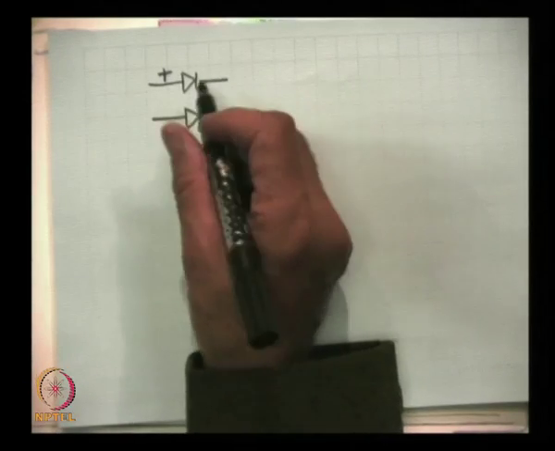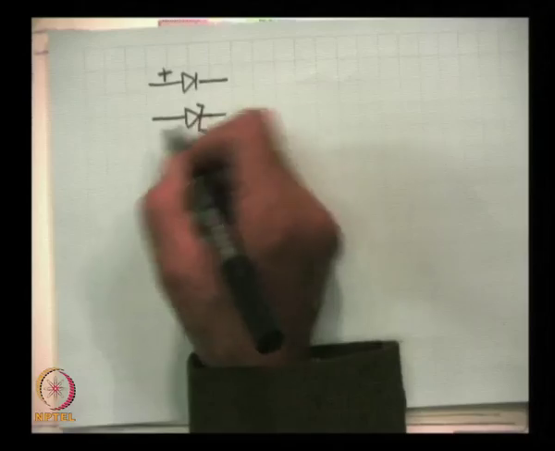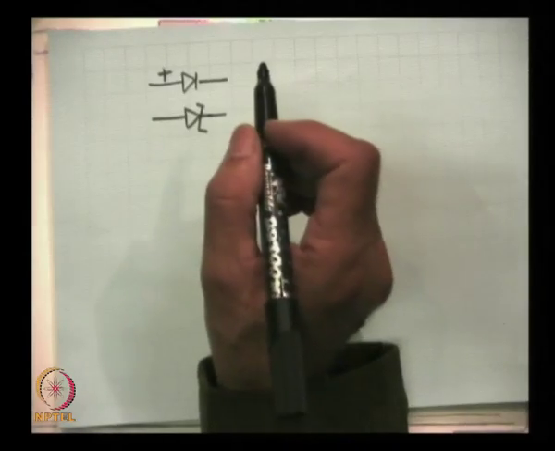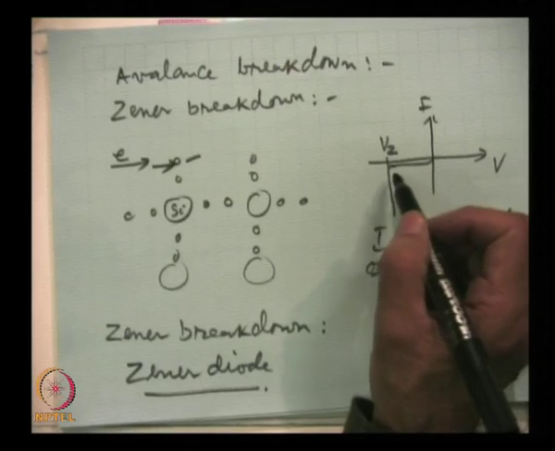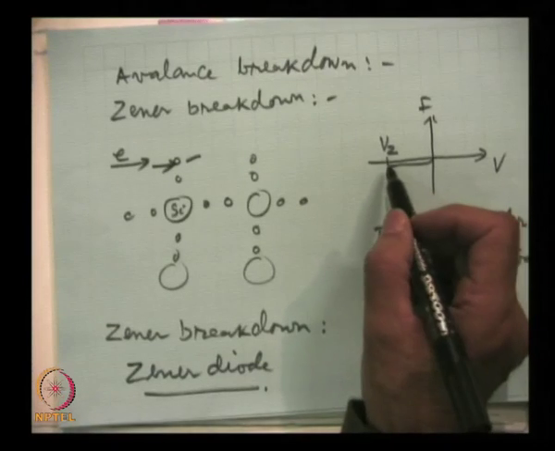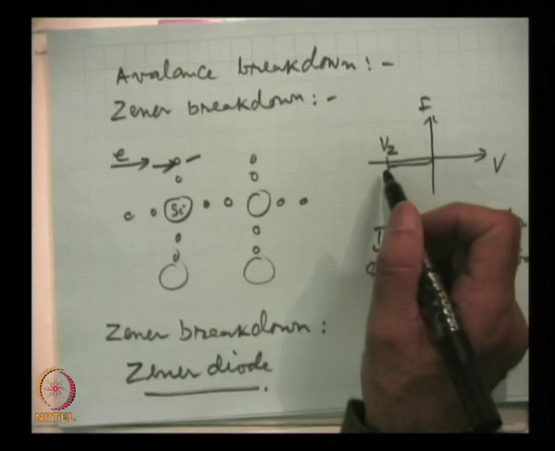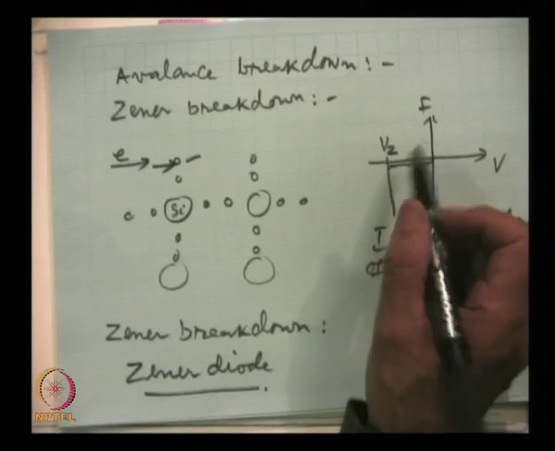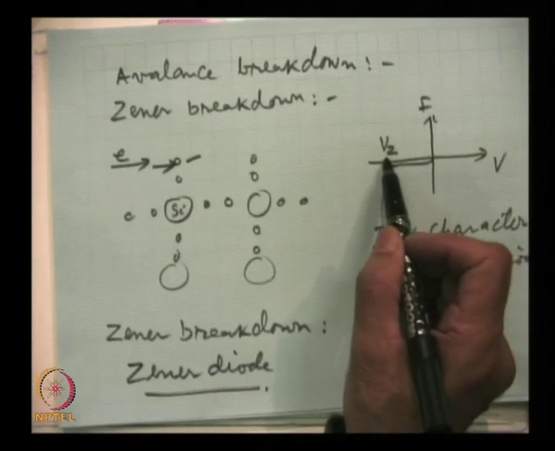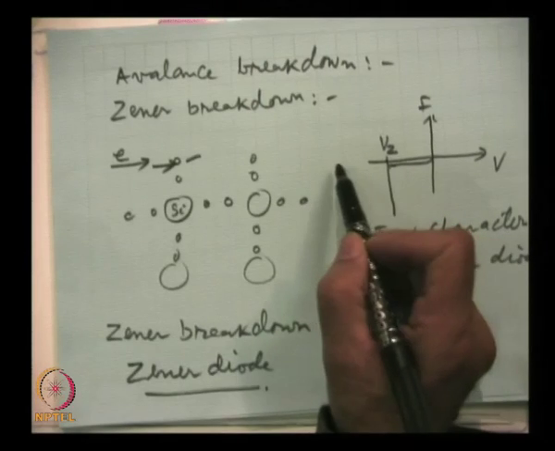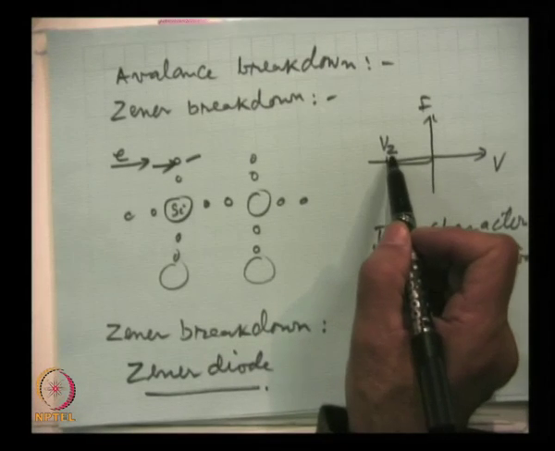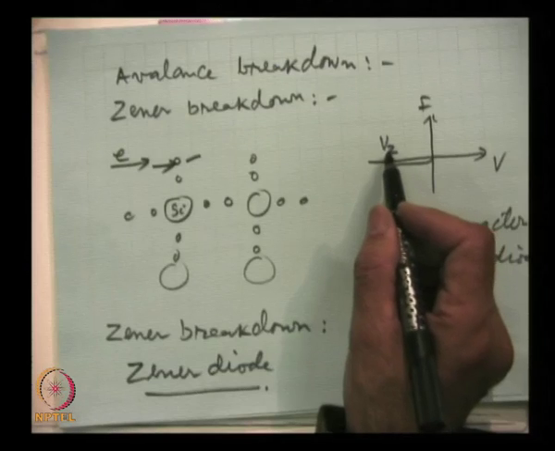Remember that a Zener diode is always operated in the reverse bias case, and the voltage has to be higher than the breakdown voltage. That means it is operated in this region, beyond the breakdown.